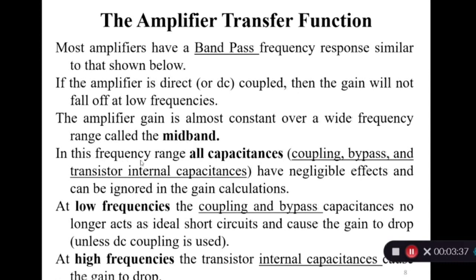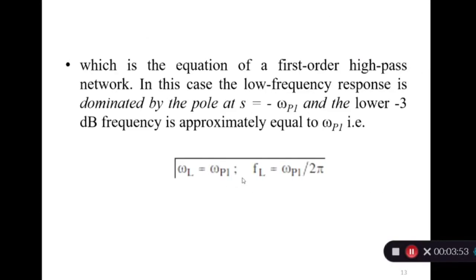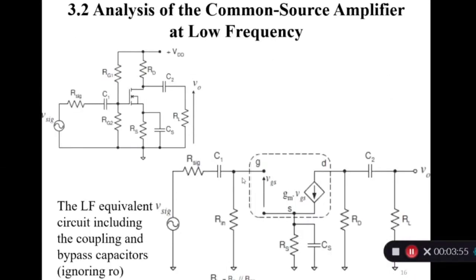Now, in the mid-band frequency range, all the capacitances like coupling, bypass and transistor internal capacitance are considered. Where are these capacitances? I am going to show you in the circuit diagram, for example this one. This is C1, C2, CS: the coupling capacitor, the bypass capacitor, and the internal capacitances of the transistors.